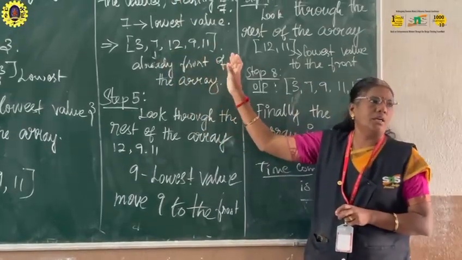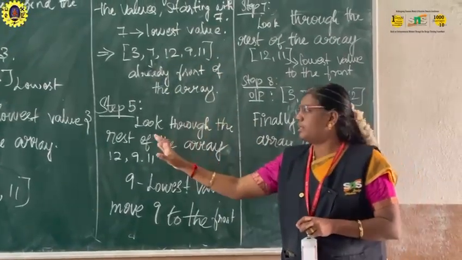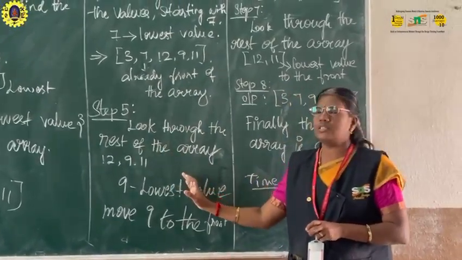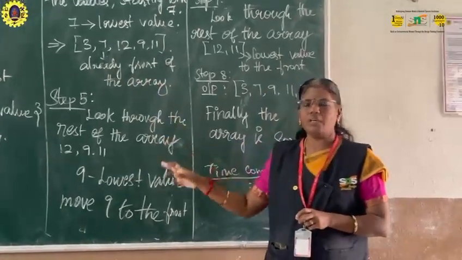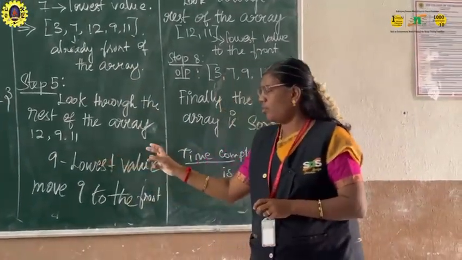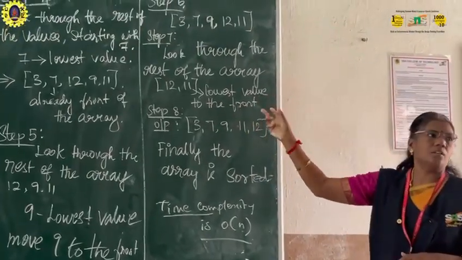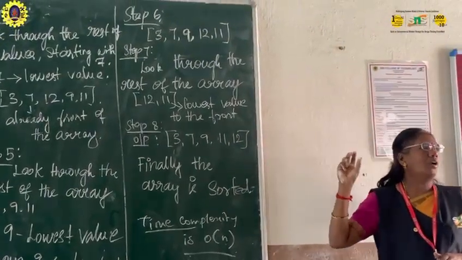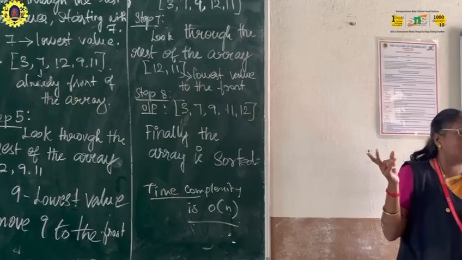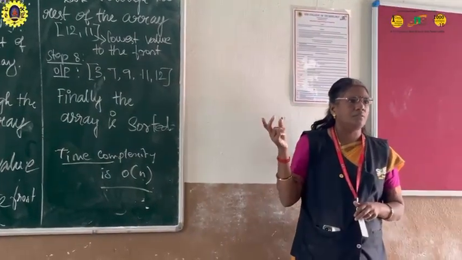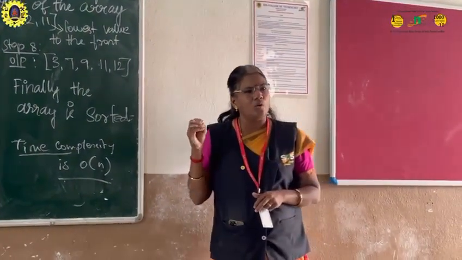This is the output of the array so far: 3, 7, 9, followed by 12, 11. In that 12, 11, we have to compare the 2 elements and find the lowest element.